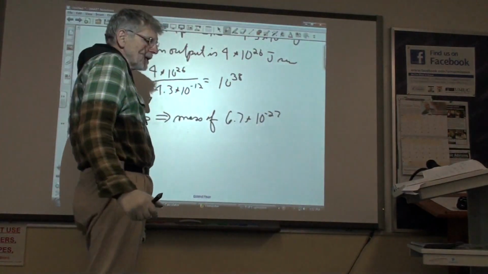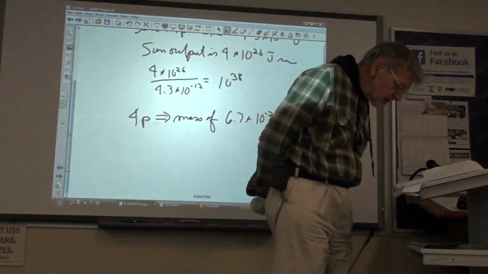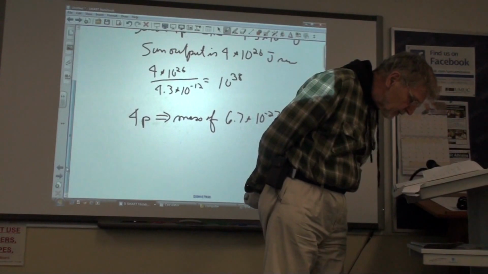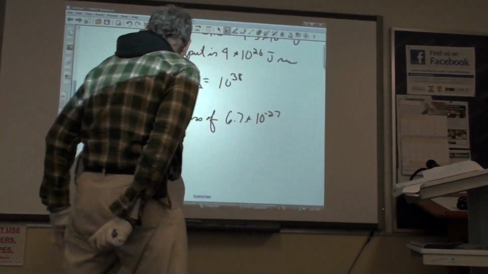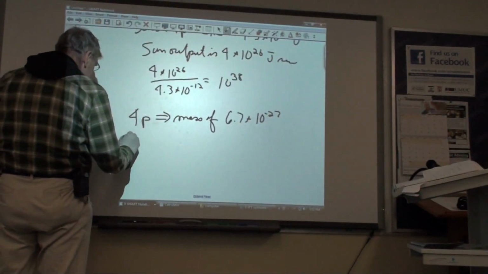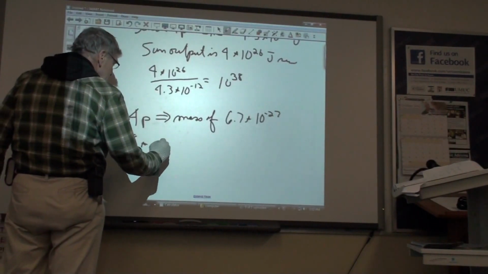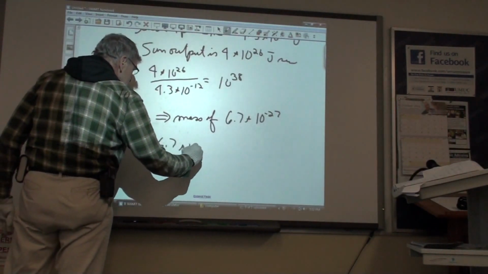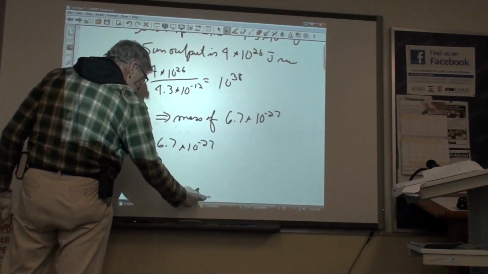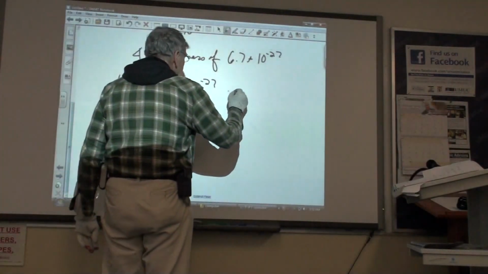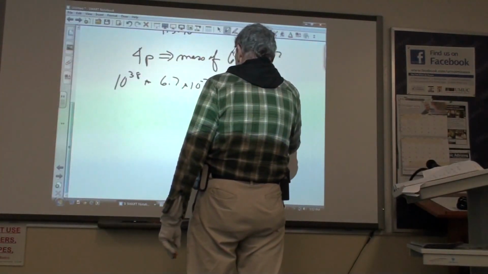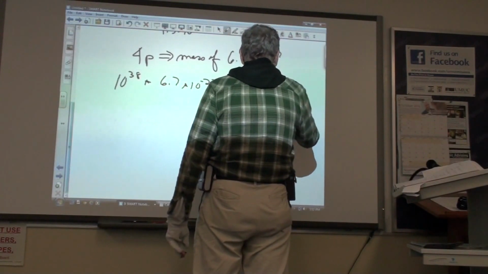So how much mass then do we use in each second? If we have 10 to the 38 reactions a second, and each one uses 6.7 times 10 to the minus 27 kilograms, then the amount of mass that's used per second is 6.7 times 10 to the 11th kilograms.